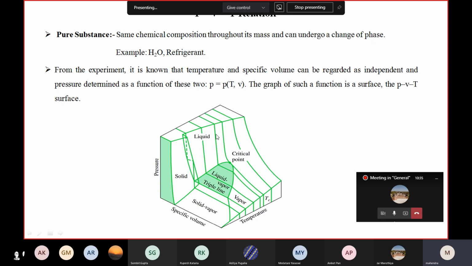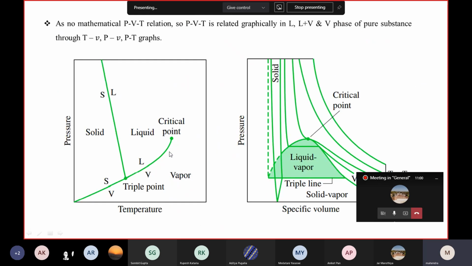So if you see over here, this phase change of pure substances would be represented upon this PVT diagram like this. This is a three-dimensional diagram. This diagram we will be representing in three ways also, like PV or VT or PT.